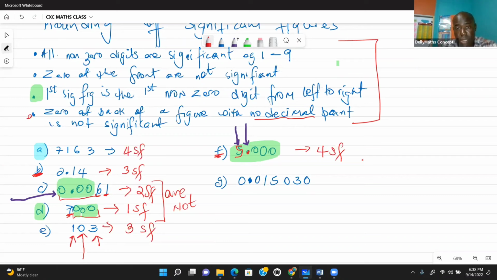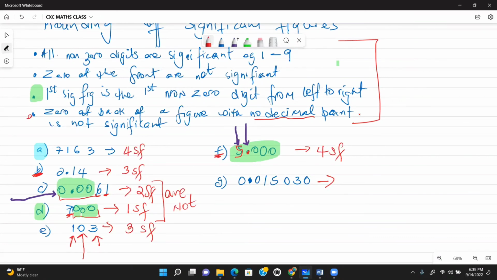All right, so let's go. The last one, anybody want to quickly tell me the number of significant figures you're seeing in G? You can talk, because sometimes I don't look in the chat. 5.